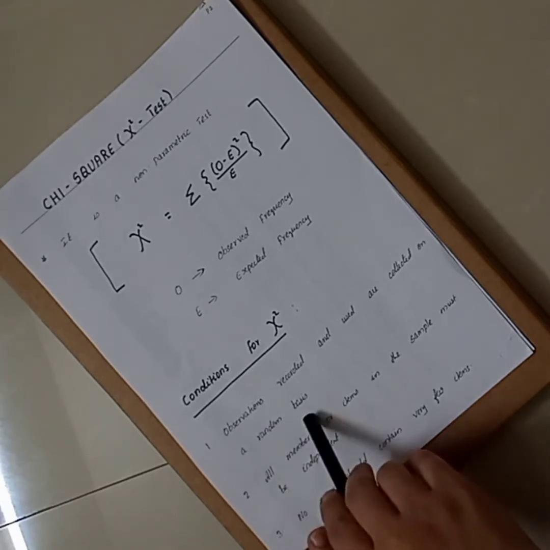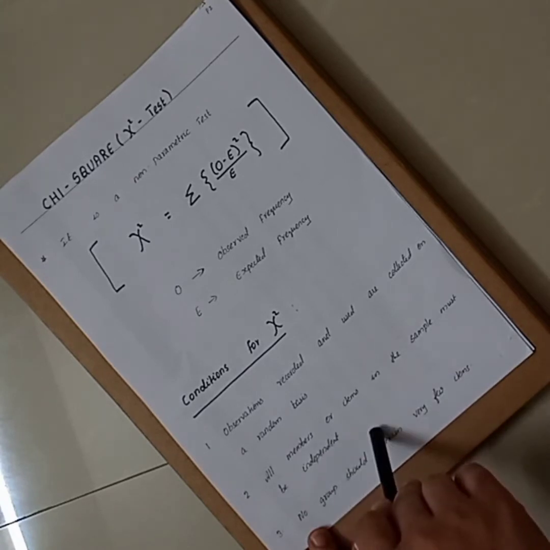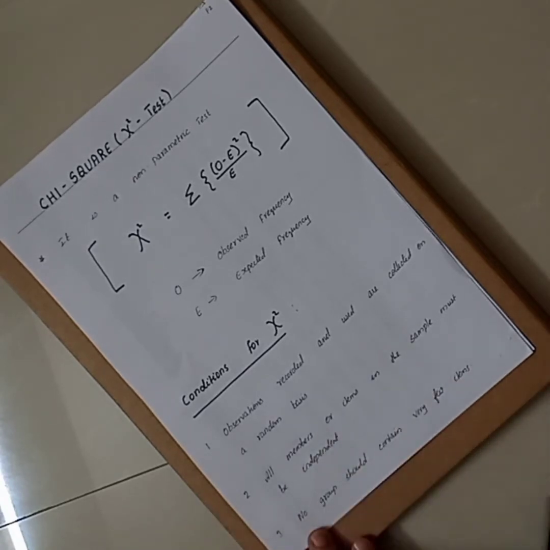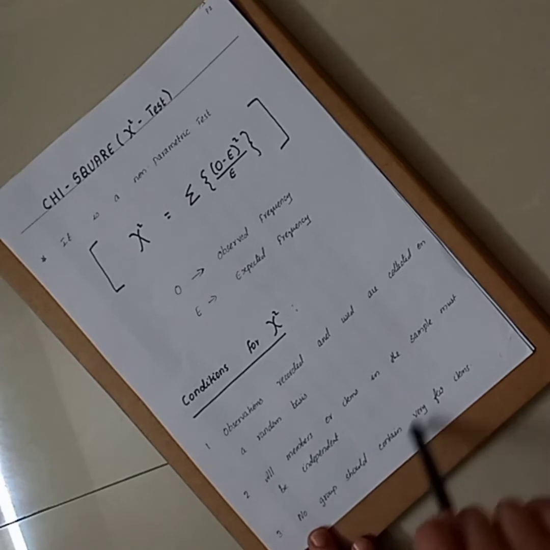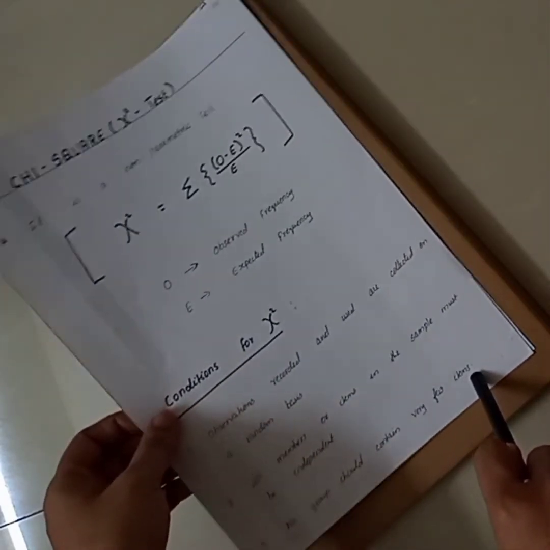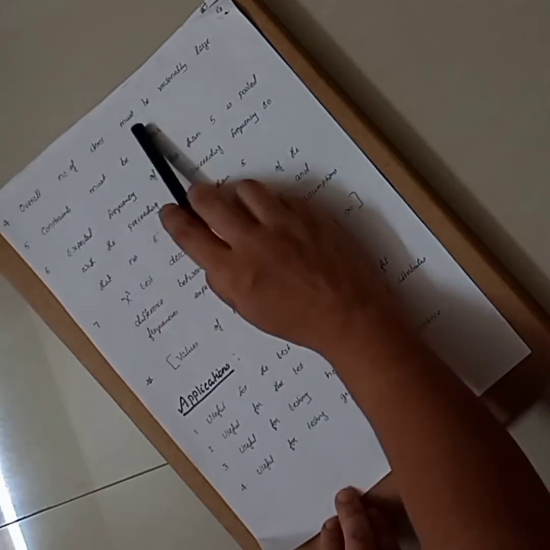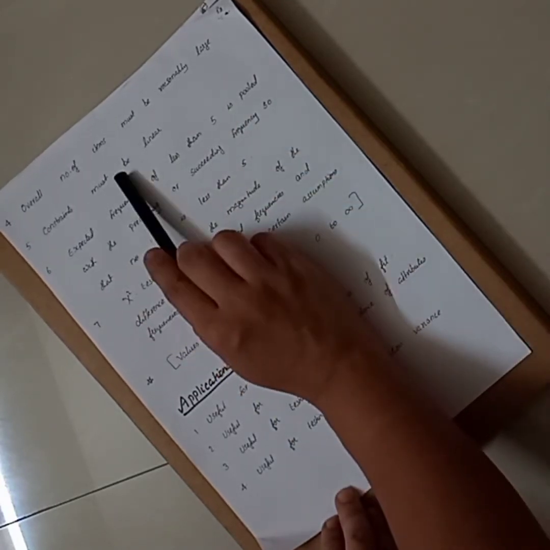Then all members or items in the sample must be independent of each other. Then no group should contain very few items. Here we are performing the chi-square test in the case of large samples, so definitely the sample size should be very large. The overall number of items must be reasonably large and the constraints must be linear.